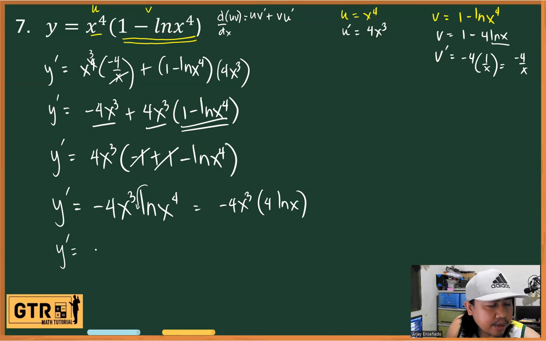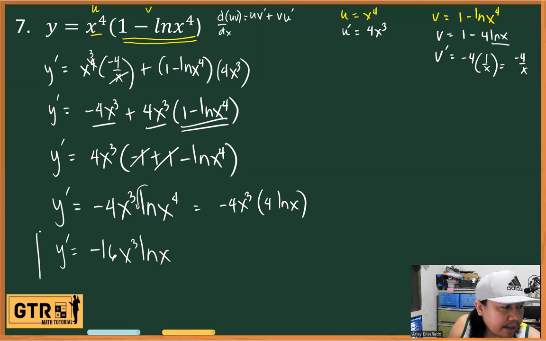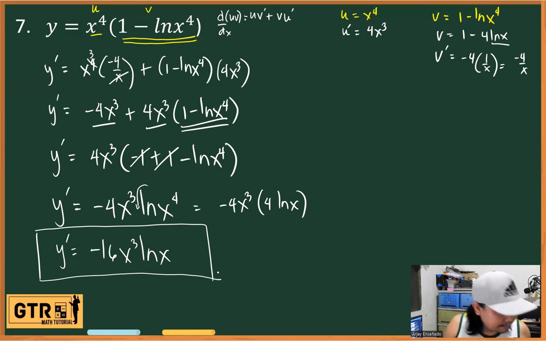So the final answer will be, so that there is no exponent, negative 16 x cubed ln x. So it is the same answer if we use 1 minus ln x to the fourth, or v as 1 minus 4 ln x. So still the same answer, negative 16 x cubed times ln x.